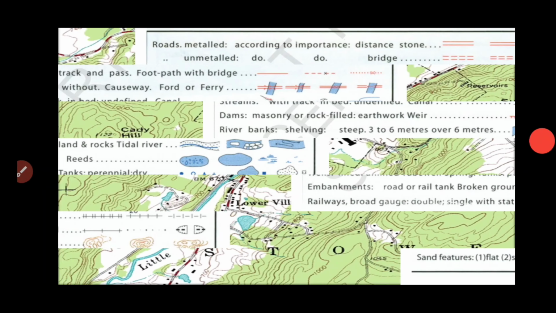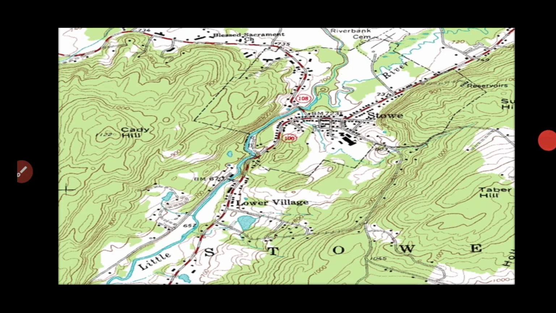And the next one is representation of relief features on maps. So what do you mean by relief features? Relief features means the high and low areas on the surface of the earth.